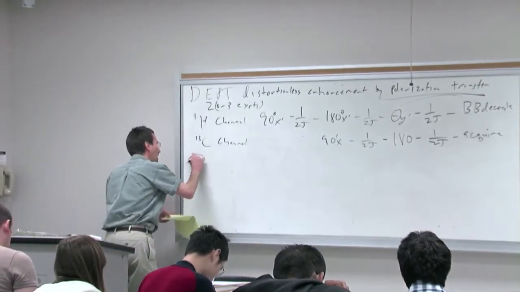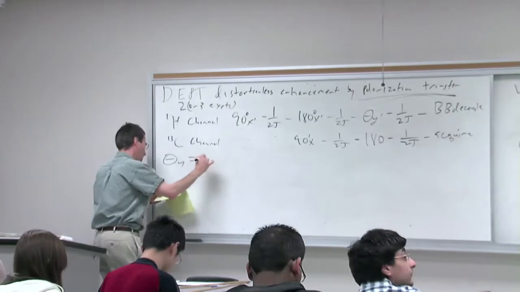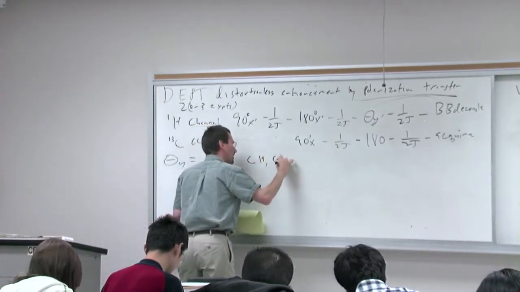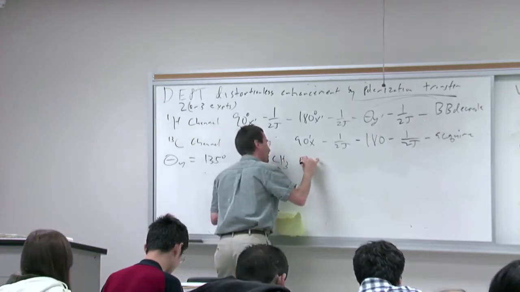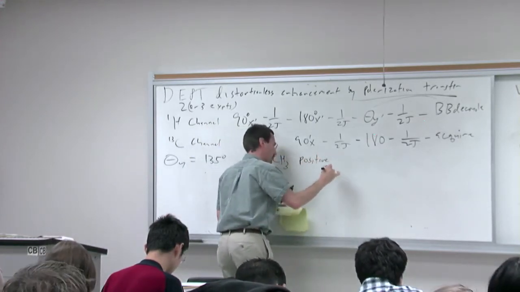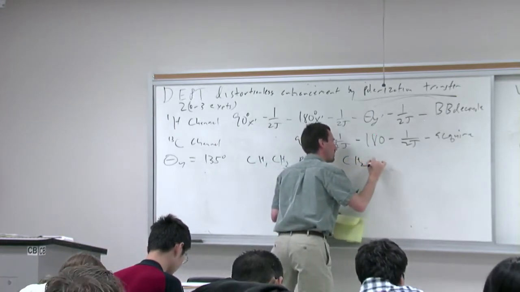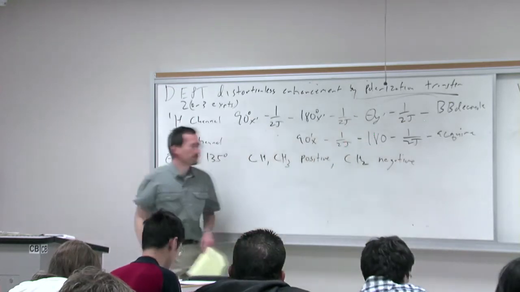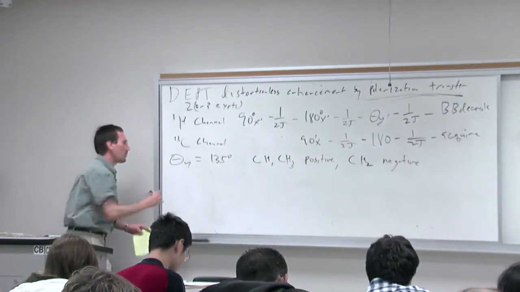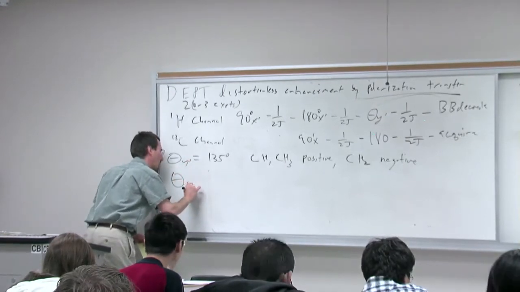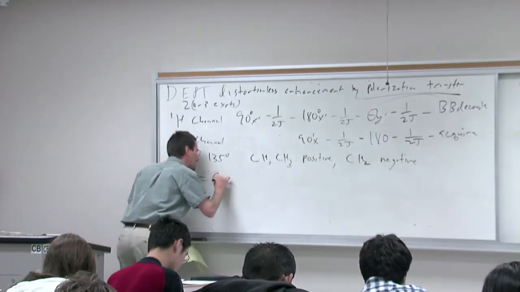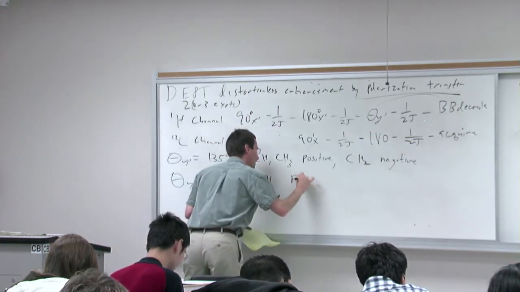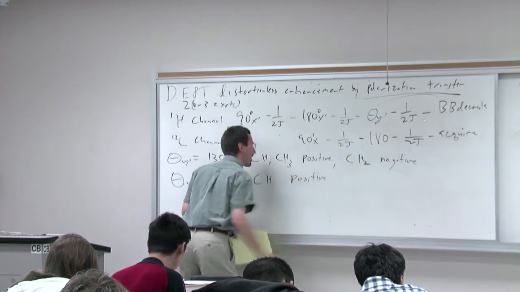So if you apply a theta Y is equal to 135 degrees, your CHs and CH3s end up being positive, and your CH2s are negative. If you apply a theta Y prime pulse of 90 degrees, then your CHs are positive.